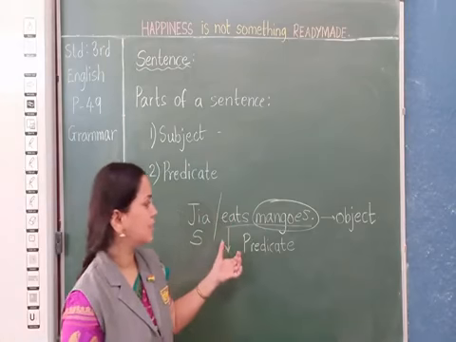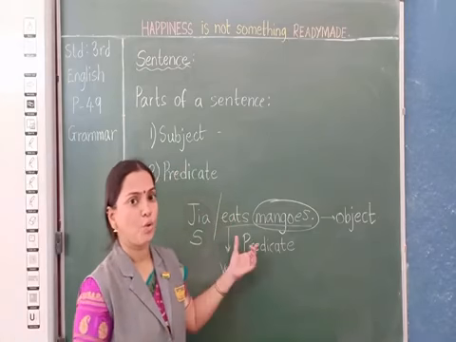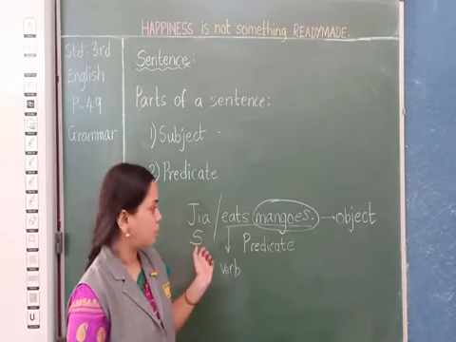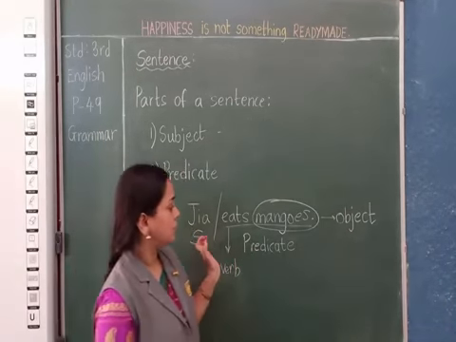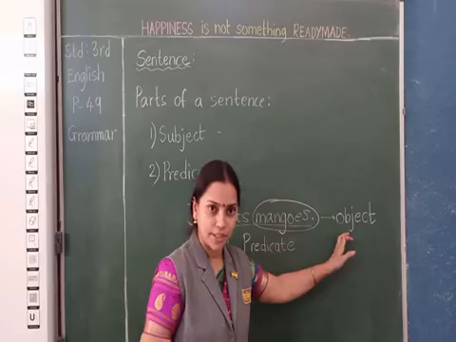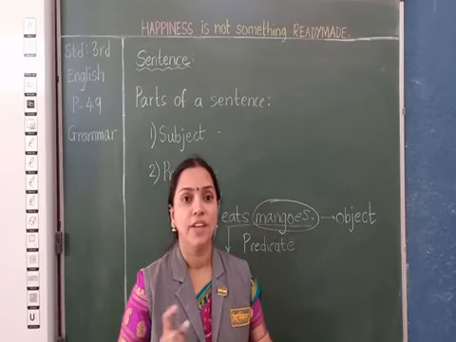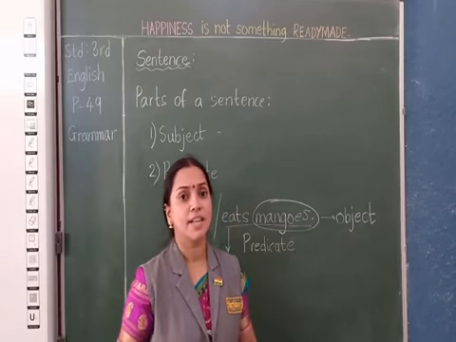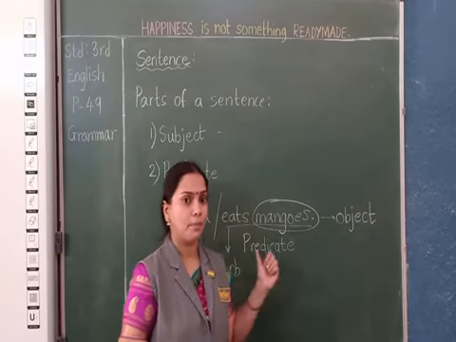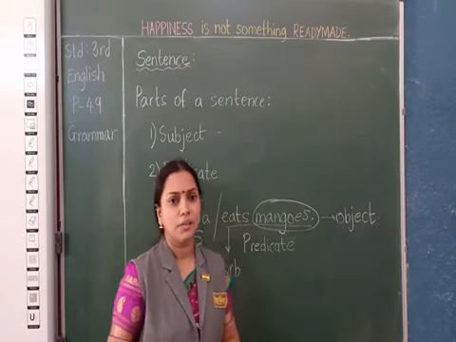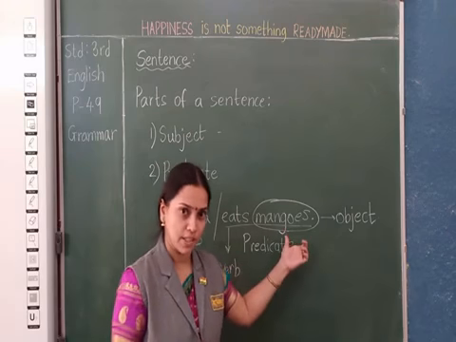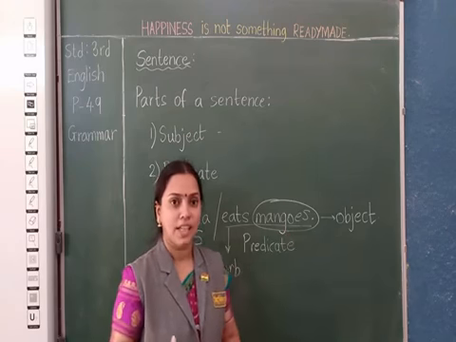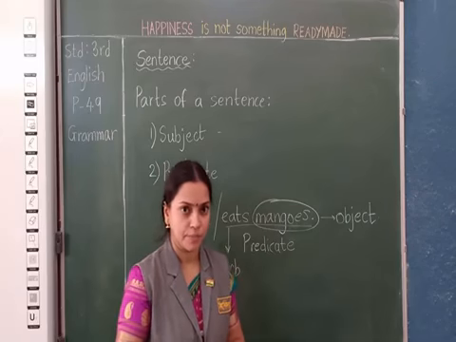So this is just a hint for you how you can find out the subject and predicate, and also subject and object. Now every sentence necessarily has subject and predicate. It may or may not have an object. Now you know what is object. It is the thing on which the action is done.